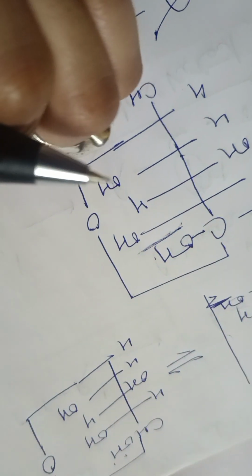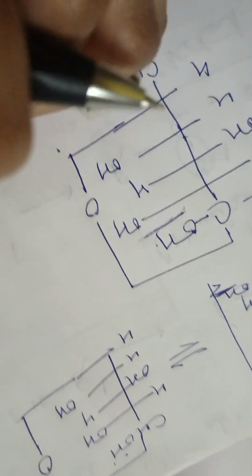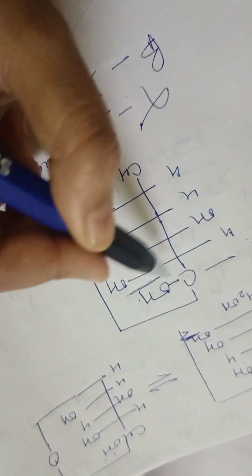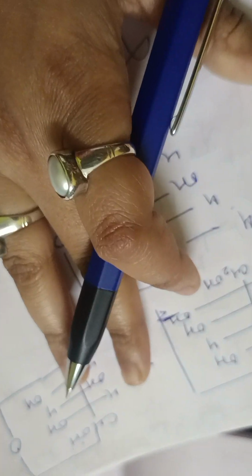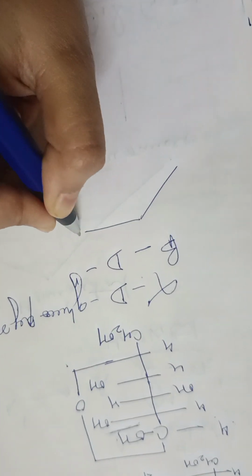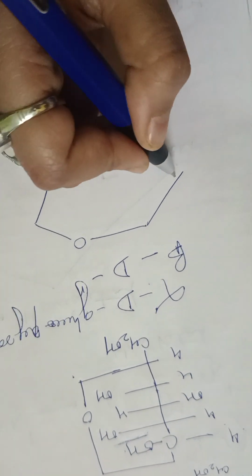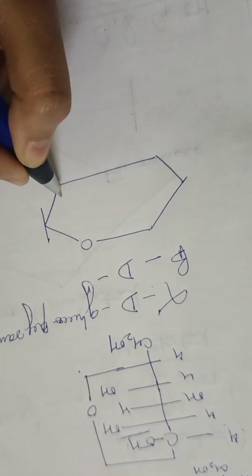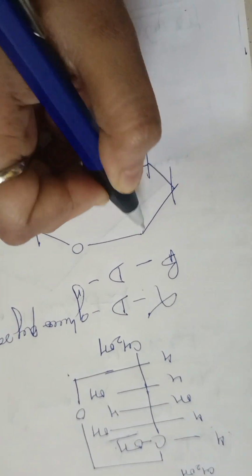Now you can draw. As I move on, you will now have to convert it into the ring structure. This much you have understood clearly. Now let's draw the ring and try to place this. If I take the ring like this, draw the bonds.